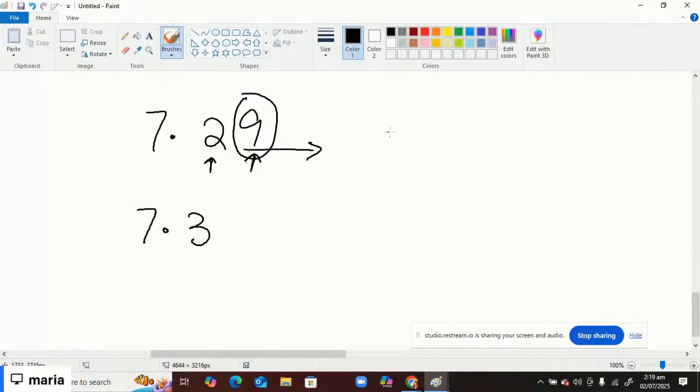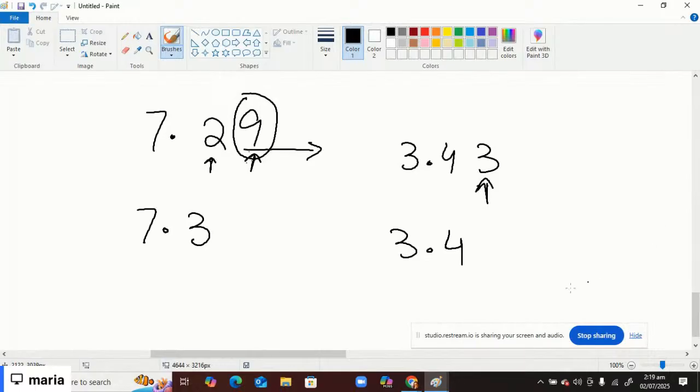Let's suppose 3.43. Can you tell me the answer? This digit is 3, which is less than 5, so the tenth digit stays the same, and the remaining digits are dropped.